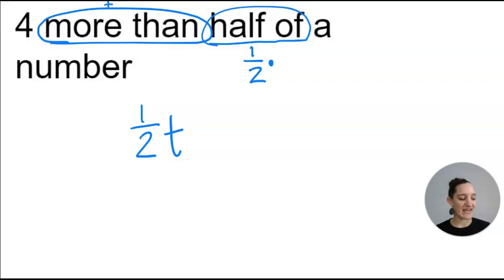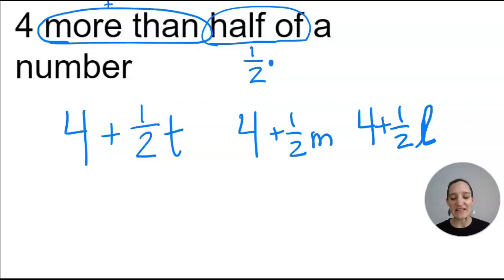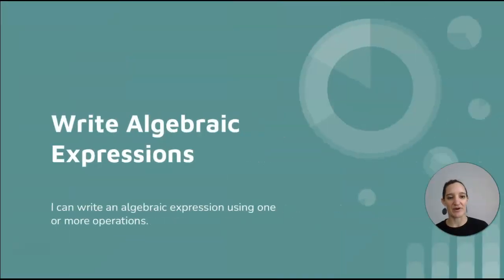Sure. So that's half of a number, and we want 4 more than half a number. So you could do that. You could do m. You could do l. You don't usually see L a lot because it kind of looks like the number 1. You could use any variable, though, to choose to be a number.